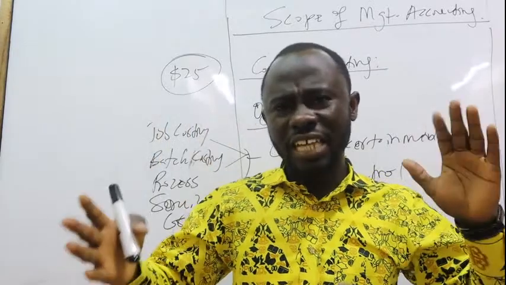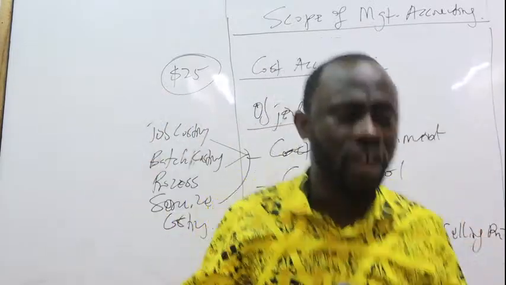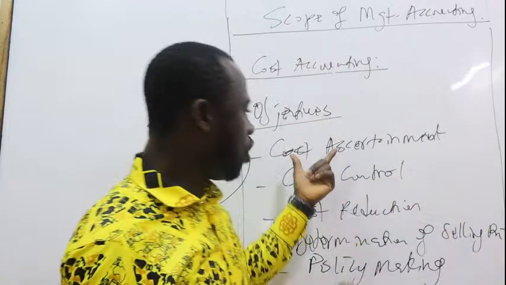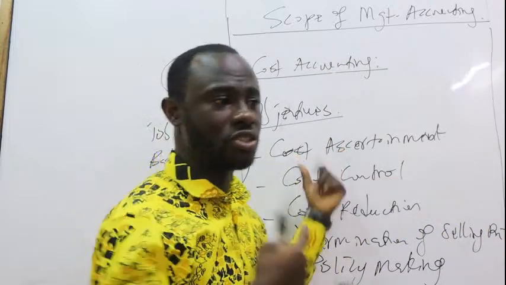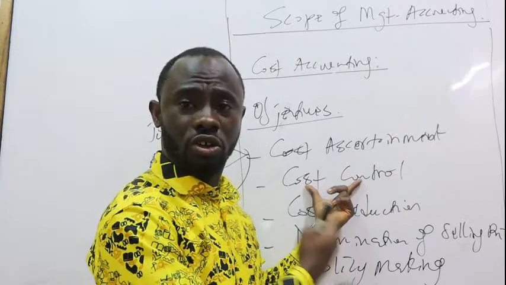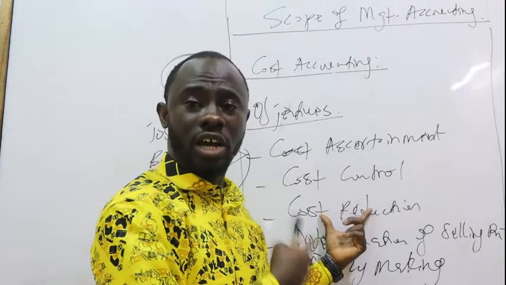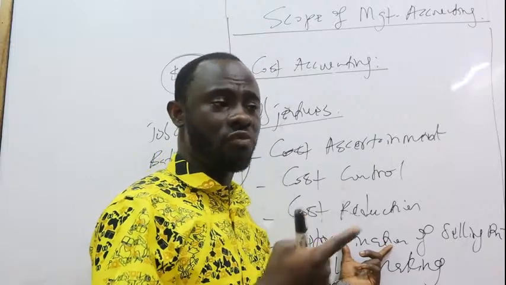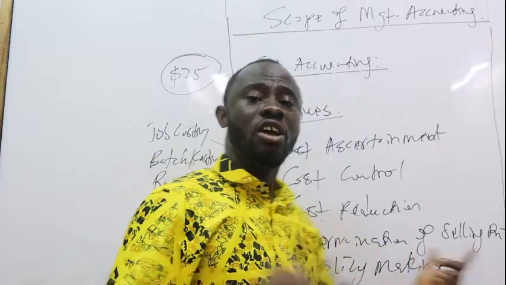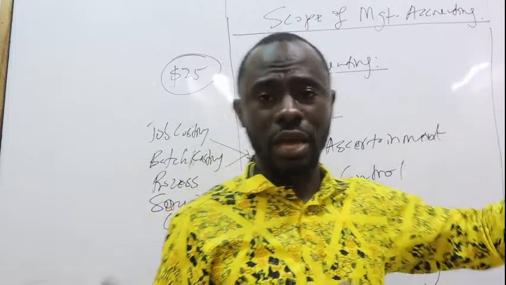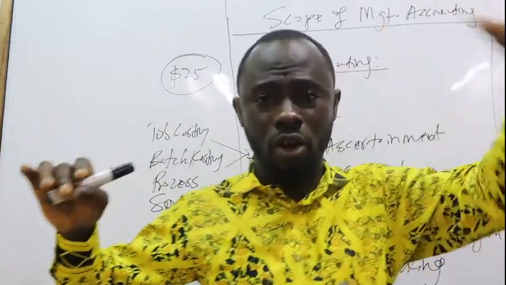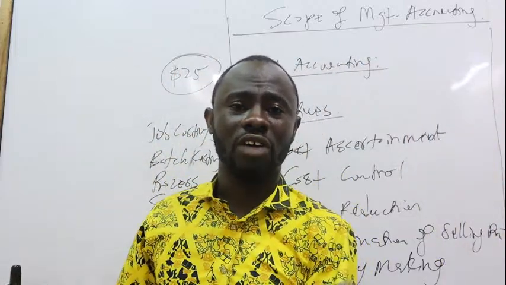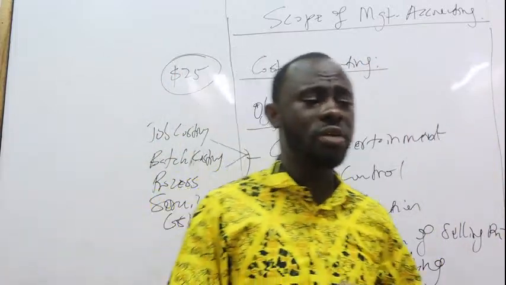But you realize that if you make that decision and say, okay, because it is optional, I'm not going to do it, then it means you are losing out on how you can ascertain your cost. You are losing out on how you can control your cost. You are losing out how you can reduce your cost. You are losing out how you can price your product at a profit. And you are losing out on making various policy decisions about labor, about materials, about overheads, because these things cannot be done by the financial accountant, but can only be done by what?